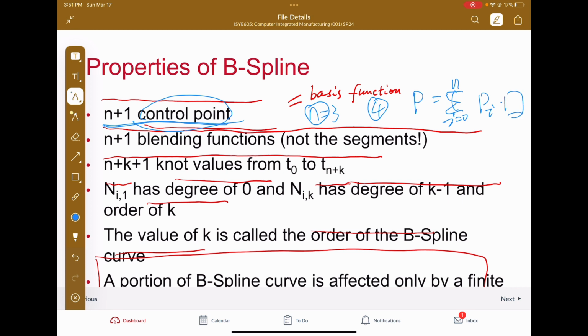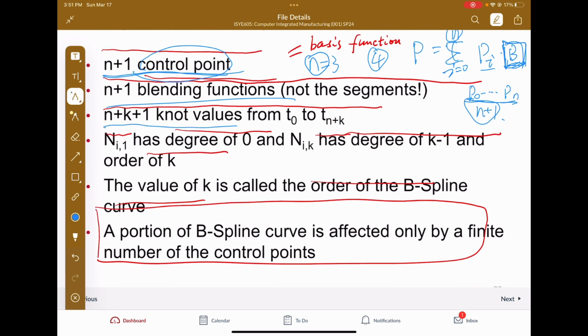So if we have P0 to Pn, that will be n plus 1 control points. Every control point has a blending function, so that means we have n plus 1 blending functions too.